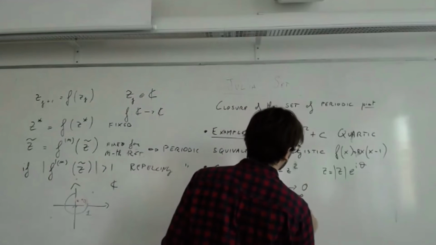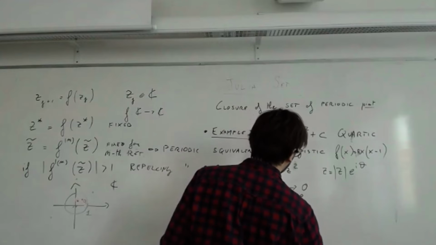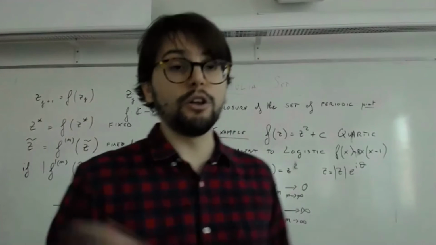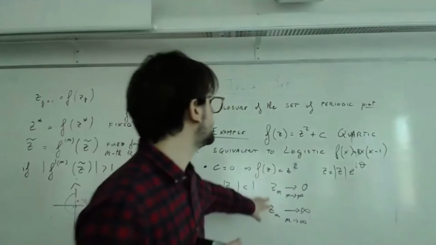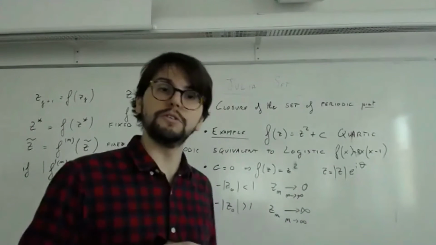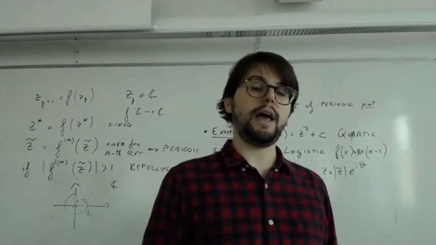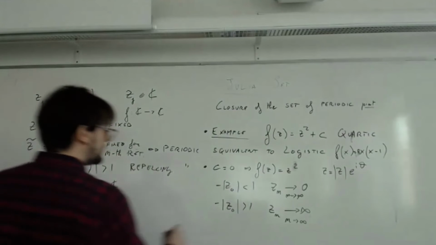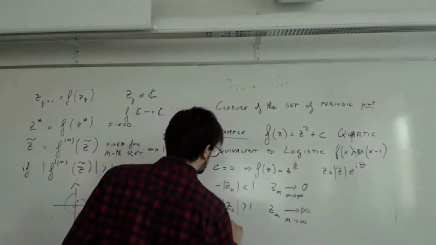So this will go to infinity for n that goes to infinity. I don't know the angle, I don't care, but the important thing is that this will go to 0, this will go to infinity. And what else are we left with? We are left with something on the unit circle.